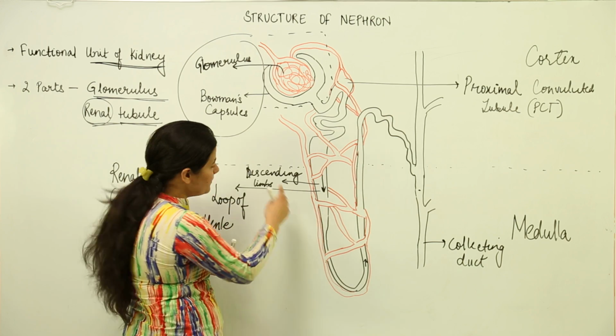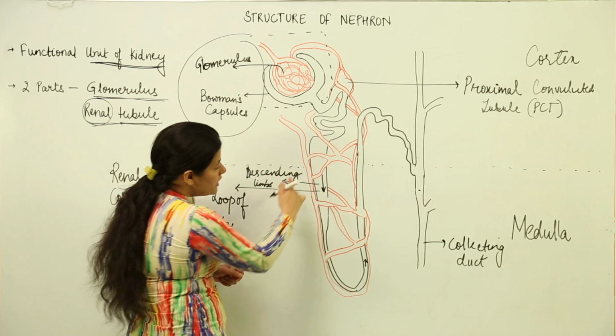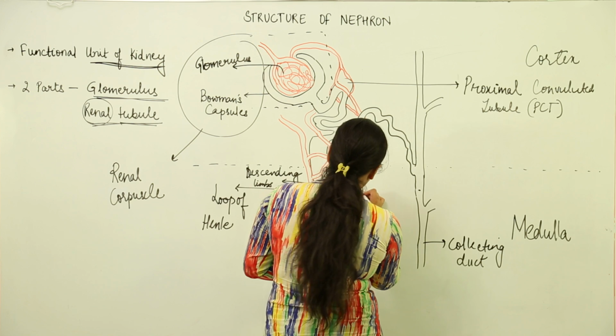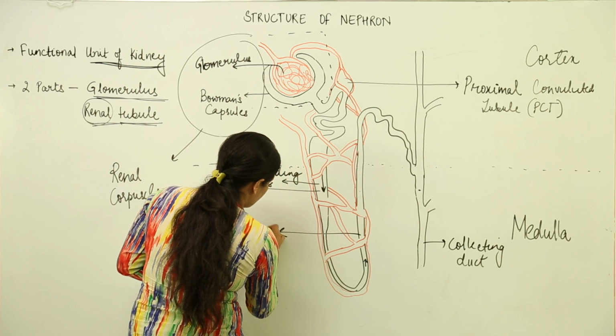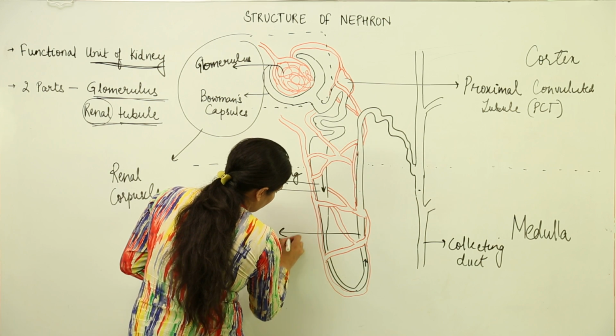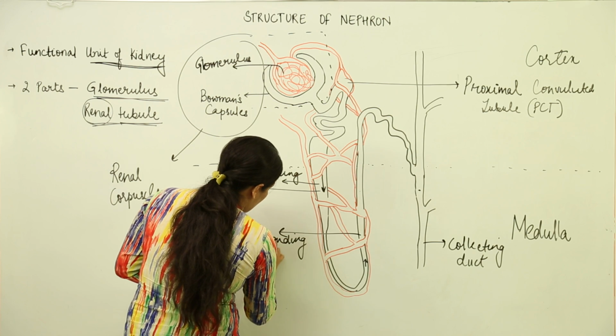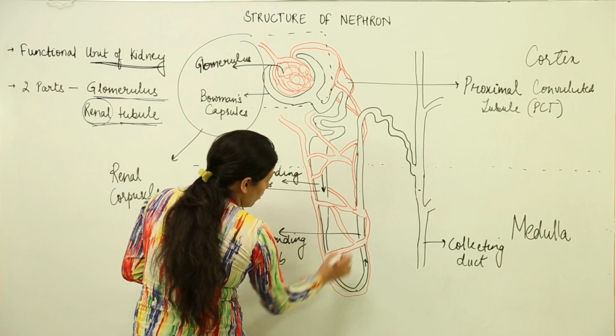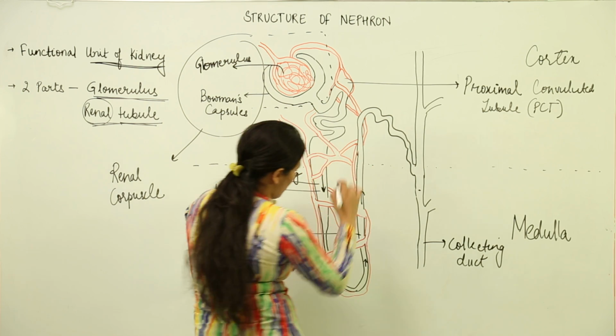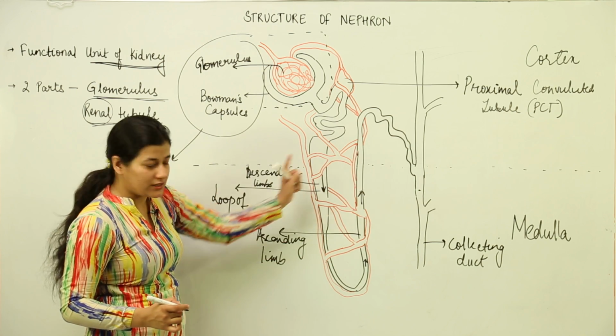We had reached the descending limb, so next would be the ascending limb, where the flow of filtrate is opposite to that in the descending limb.